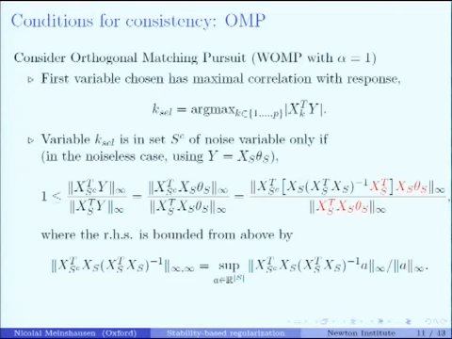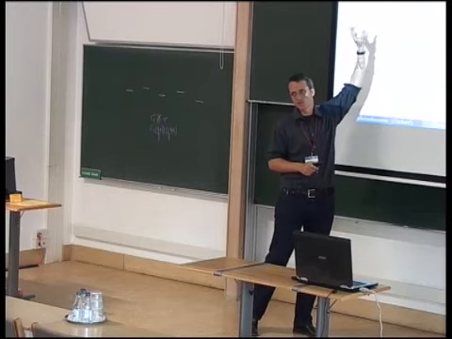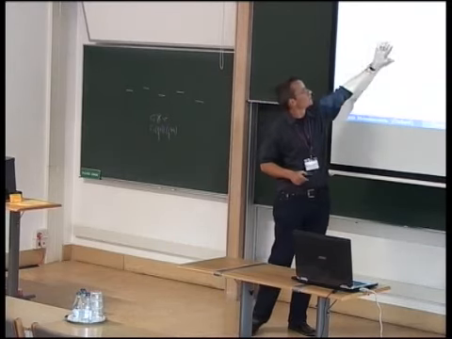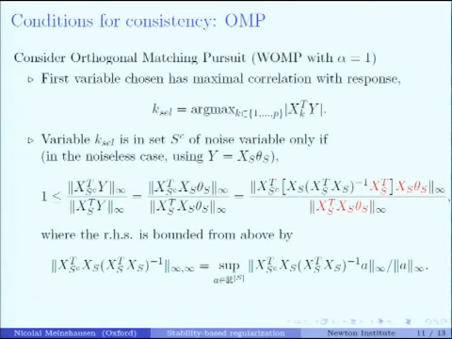Then it's if that ratio is larger than 1. So that's the infinity norm if you take the matrix X and restrict yourself to all the variables in the complement of S, versus if you do that for all the relevant variables in the set S.